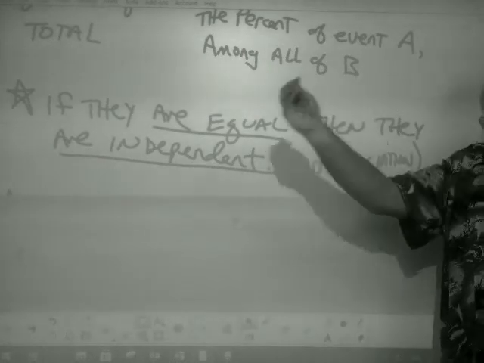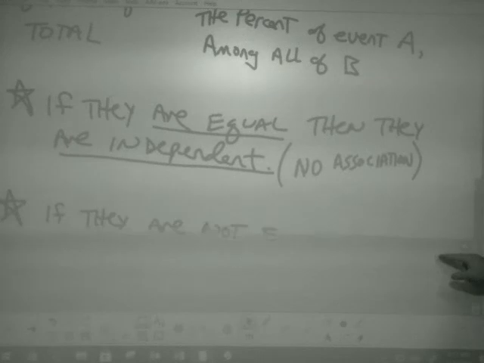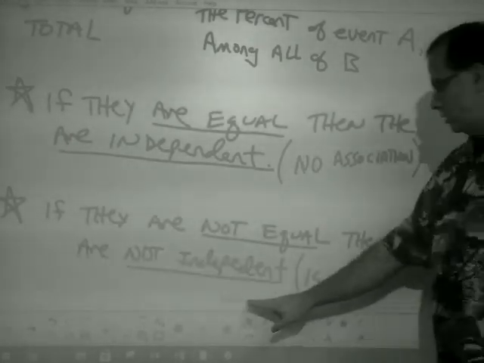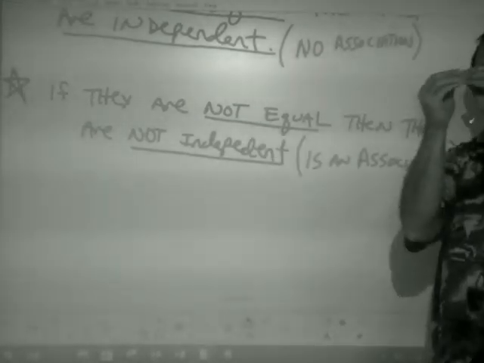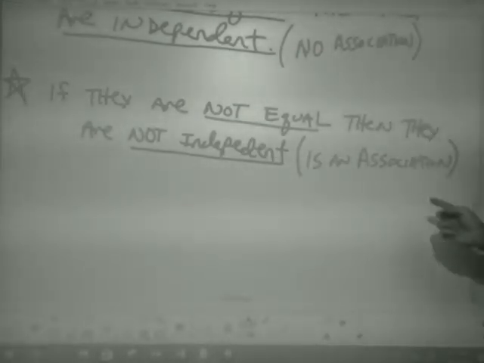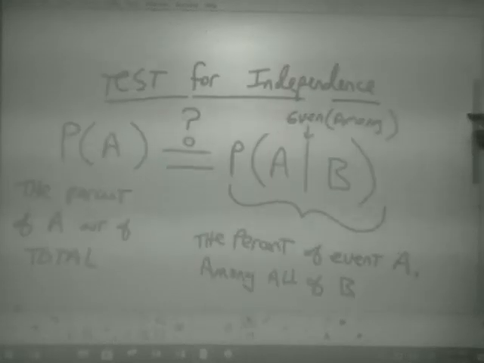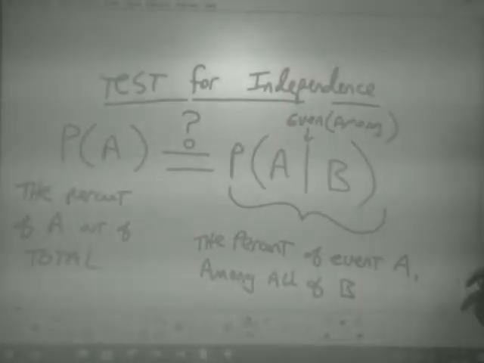Think about independent, they're not associated to each other. If they are not equal, then they are not independent. So, not independent would be together, that there is an association. And it's just a mathematical test. You just plug in your fractions, convert them to decimals, and you're good to go.